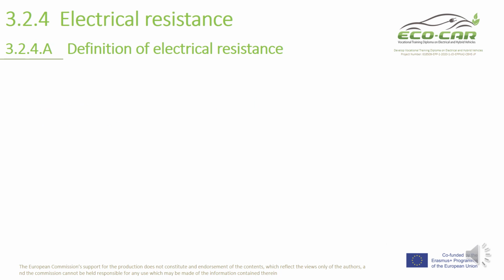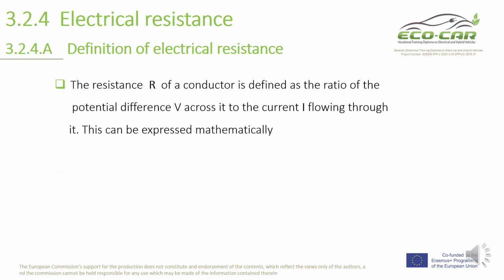Now the next subject, about electrical resistance. What is the definition of electrical resistance? The resistance R of a conductor is defined as the ratio of the potential difference V across it to the current I flowing through it.